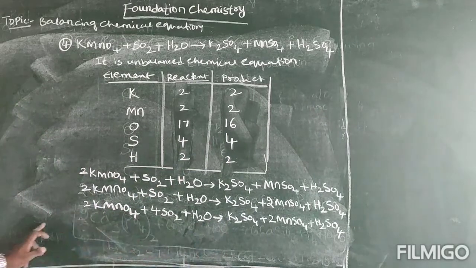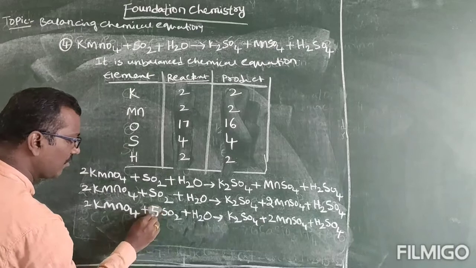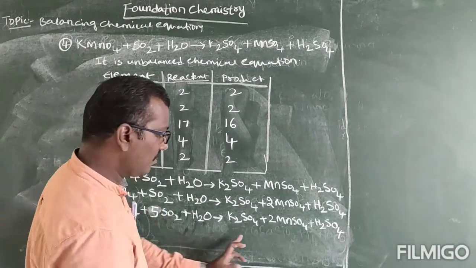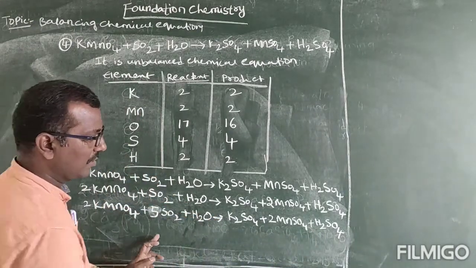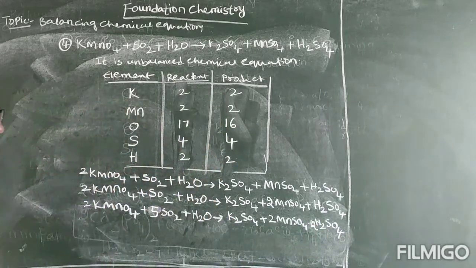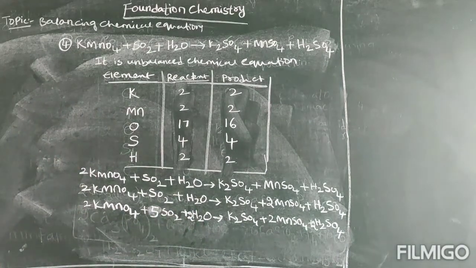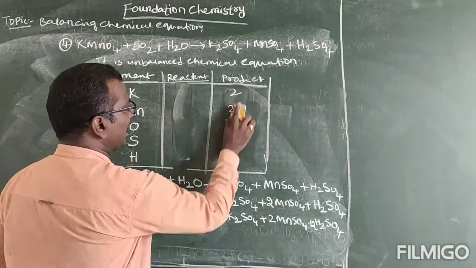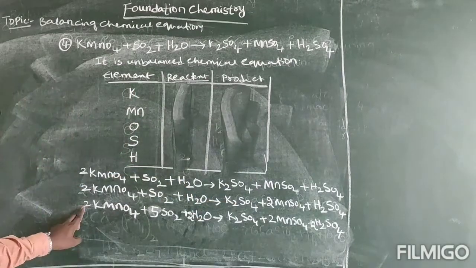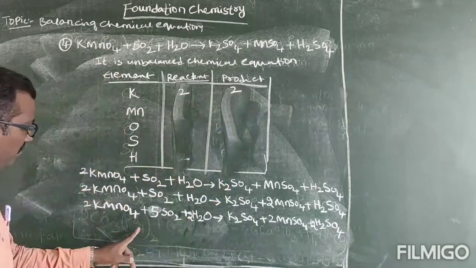Suppose if I increase here 5 and here, we will write 2 and here 2. Whether it is balanced or not, we will check. 2K, 2K.